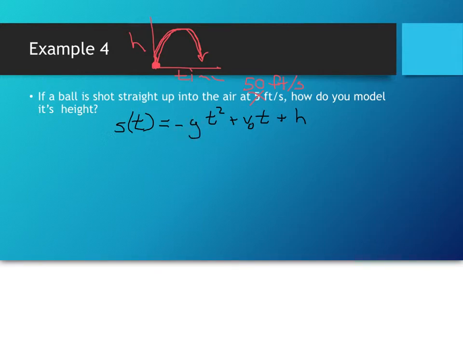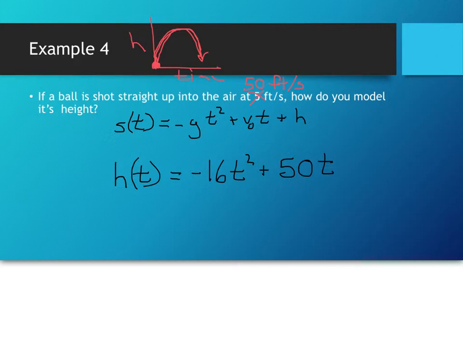All right. So here's what our equation should look like. Well, this says S. I might write an H for height. Height after time t is equal to negative 16 t squared plus my initial velocity, 50 feet per second, plus my initial height, which is 0, so I can leave that off. All right? So this is the equation I got.